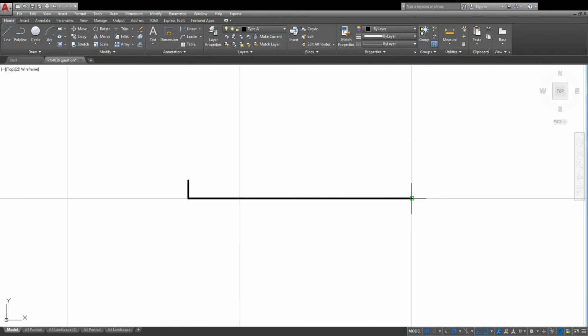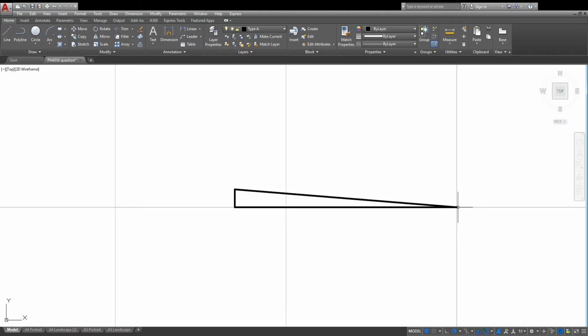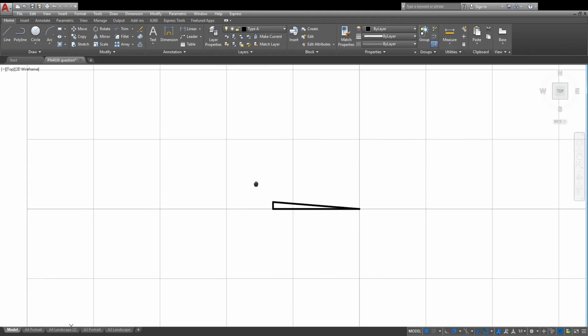If I join these points now, that is the slope that the road is built at. Imagine this is A, this is B, or B is actually up here. Now if I want to go another 13 meters, I go up 2 meters and join back. So this is exactly what we're doing: going 13 meters across for a 1 meter rise.